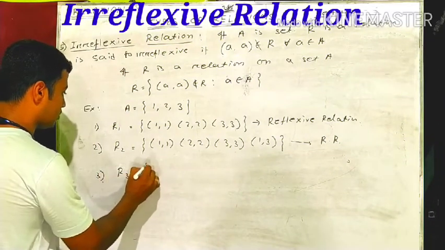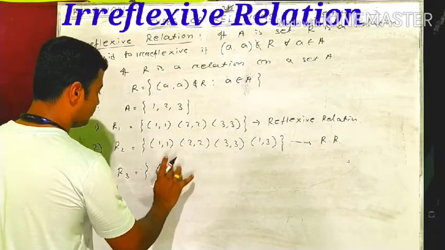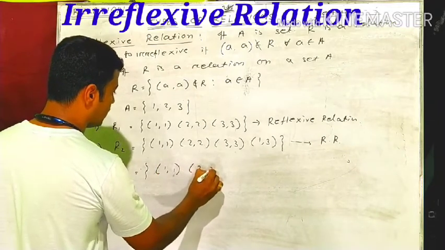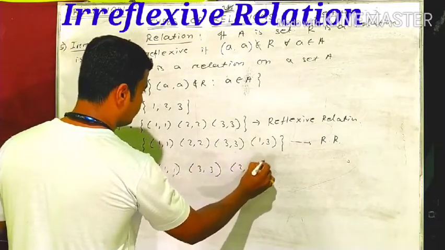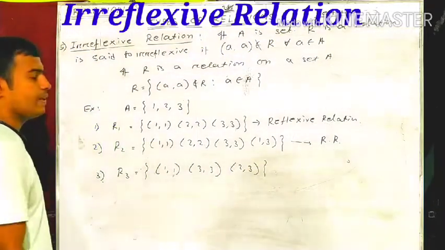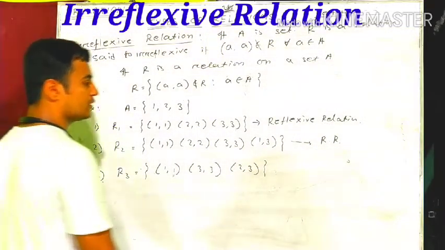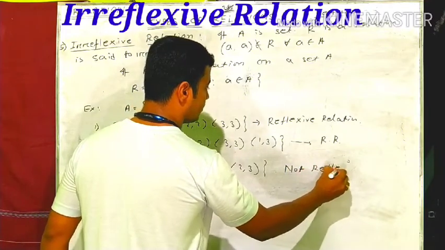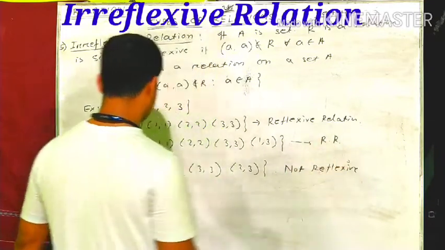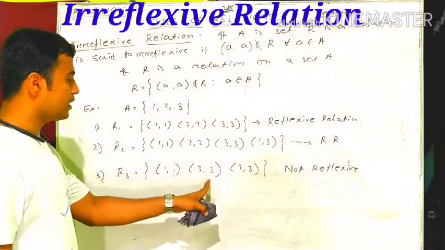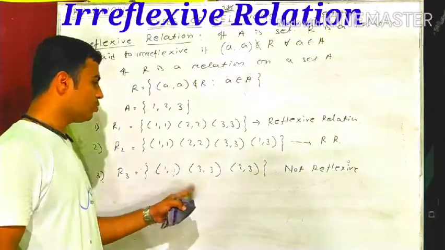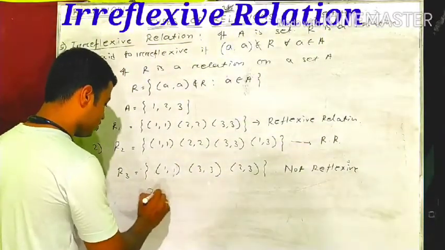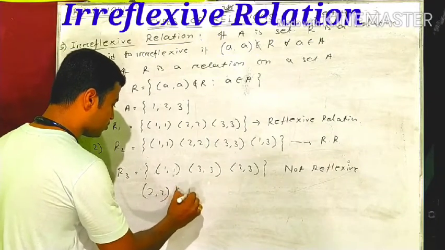R3 is the relation (1, 1), (3, 3), (2, 3). This is not a reflexive relation, because here (1, 1) is present, (3, 3) is present, but (2, 2) does not belong to R3.